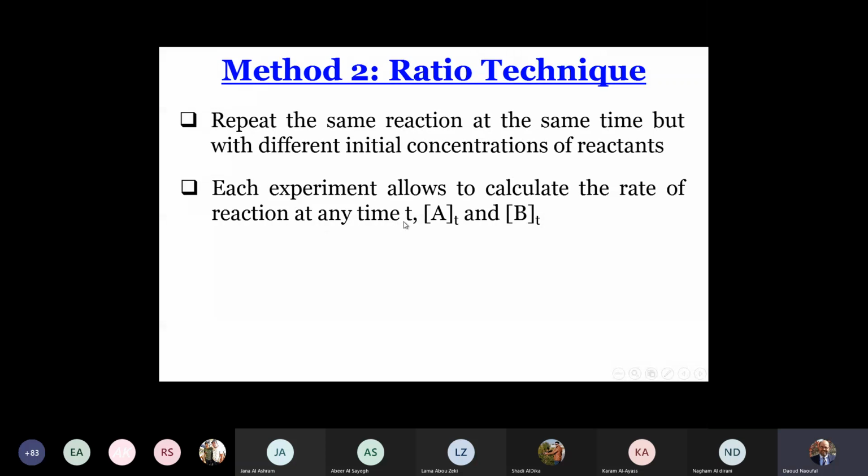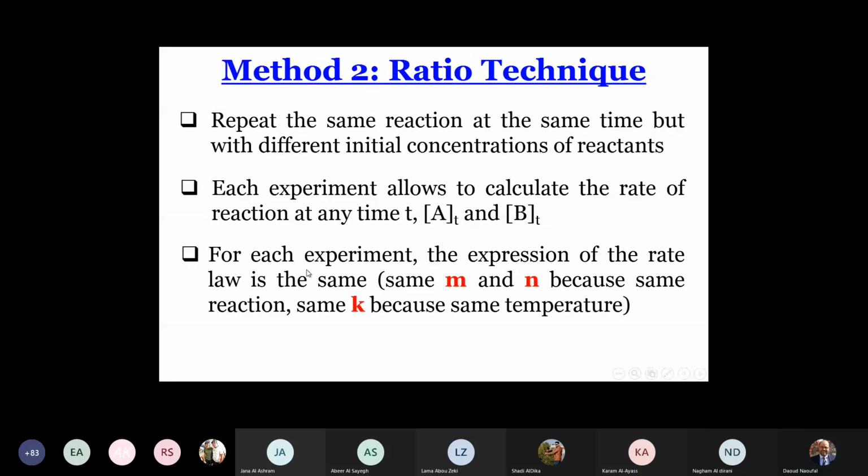So we obtain sets of data t, A(t), B(t), RA(t), RB(t), and R. For each experiment, the expression of the rate law is the same. So we have the same M and N since we have the same reaction, and if these experiments are realized at the same temperature, we have the same value of K.